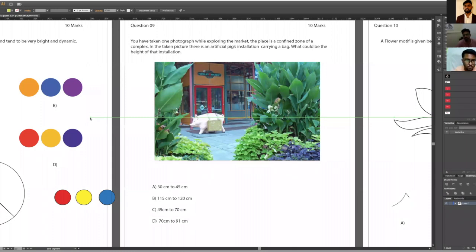Also, whatever things you find on the road are generally 2.5 feet to 3 feet.